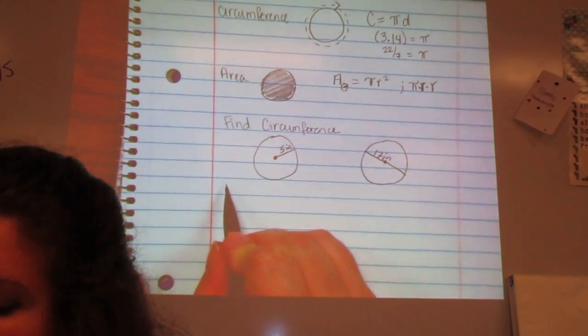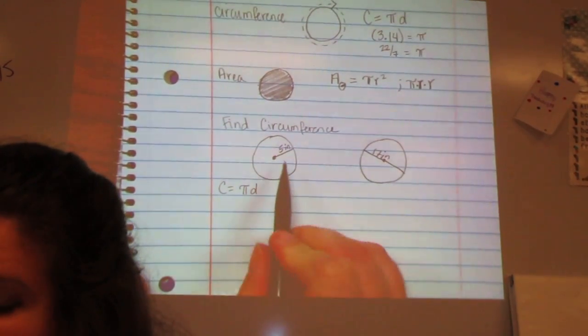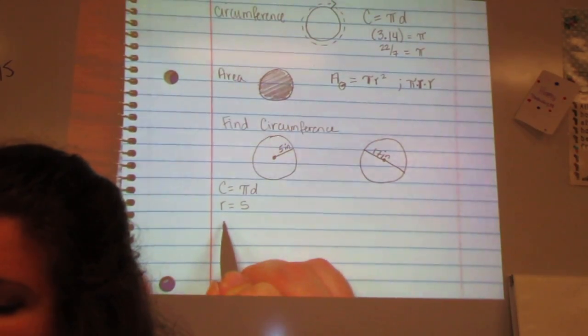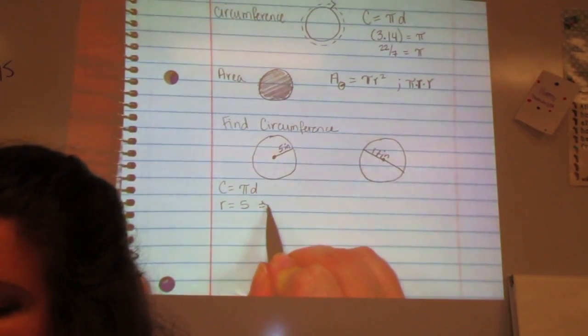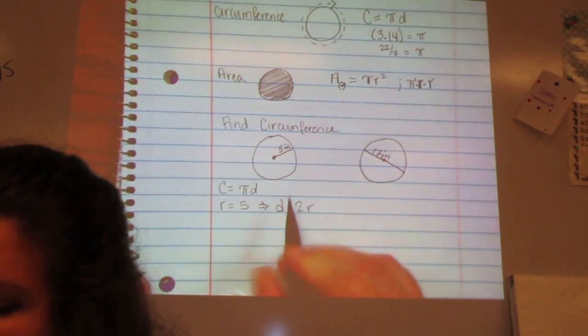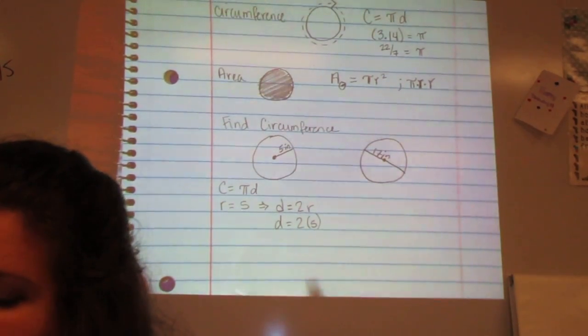I know my circumference formula is pi times diameter. Here I have the radius is 5, so I need to convert that into the diameter. So the diameter is 2 times the radius.